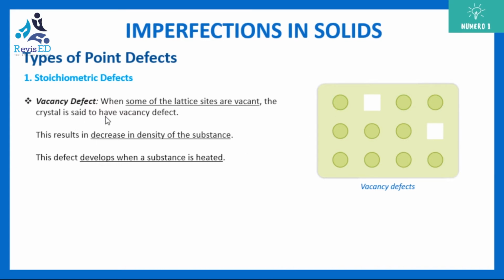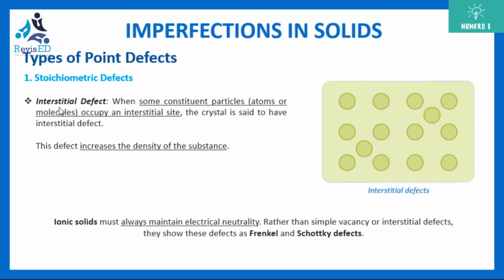The next type of defect is interstitial defect. Interstitial defect is when some constituent particles, that can be atoms, ions, or molecules, occupy an interstitial site. This is the original structure: one sphere, two sphere, three sphere, up to 12.